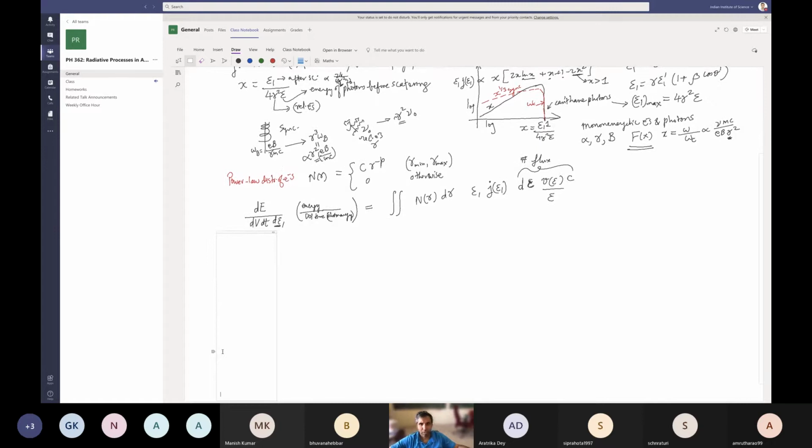Now, how do we integrate this? You see the situation: we have a double integral. We have an integral over the possible gammas of electrons and an integral over all possible seed photon energies.